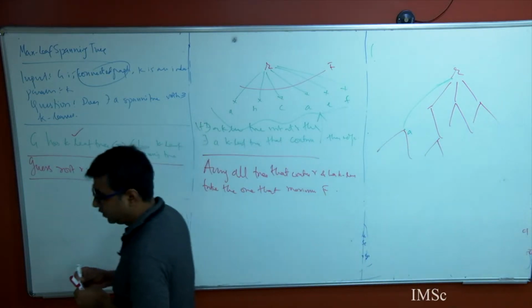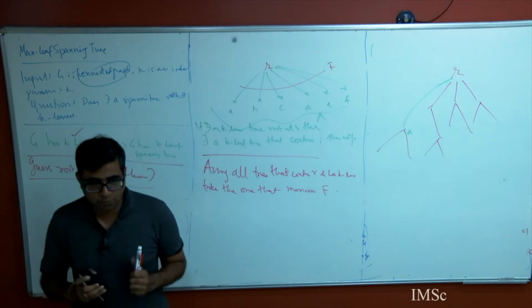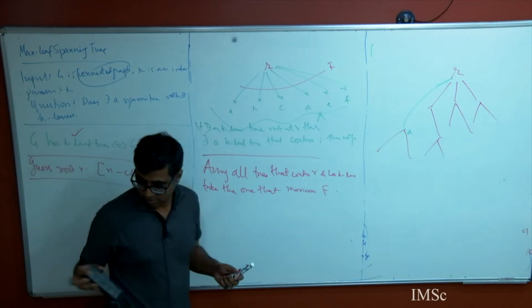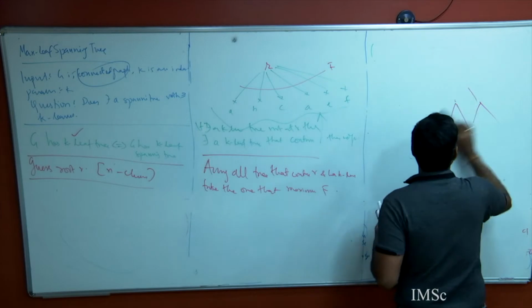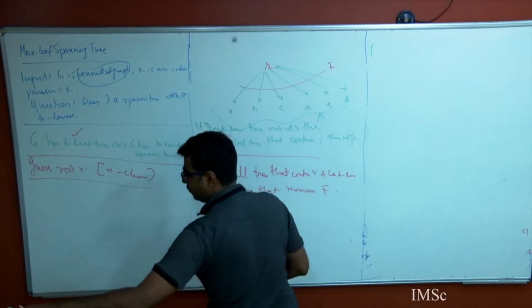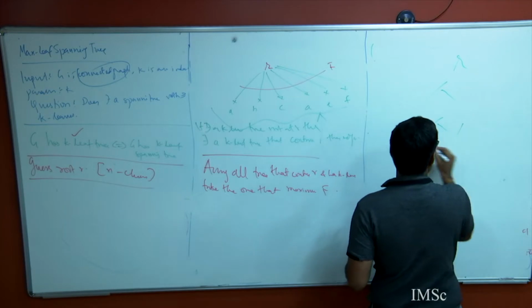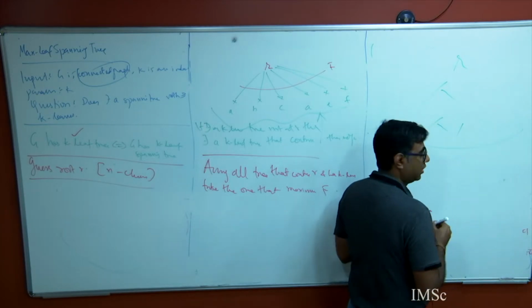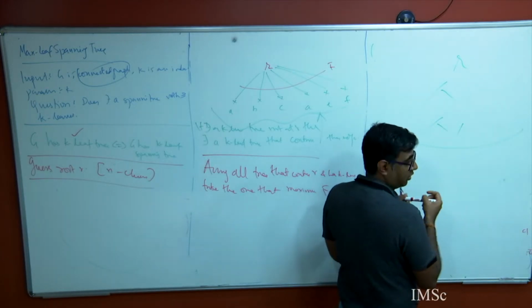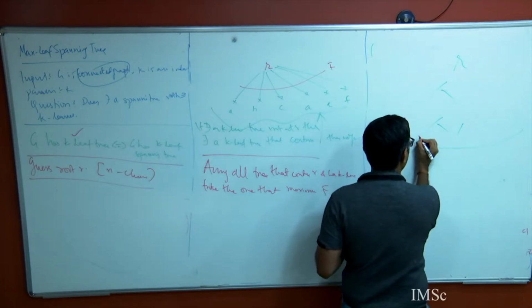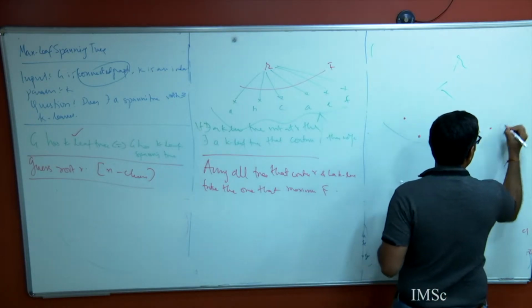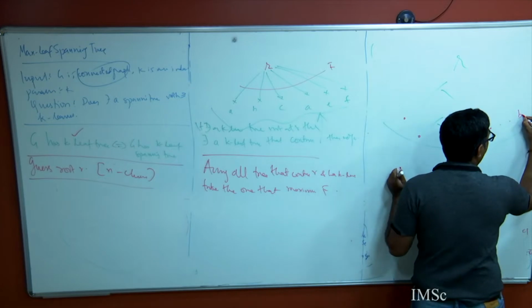Okay, so we need several things. At any point of time, this is how the algorithm will work: my algorithm will have some root and some partially constructed tree. And look at all the leaves of this particular tree. Let's call these boundaries.